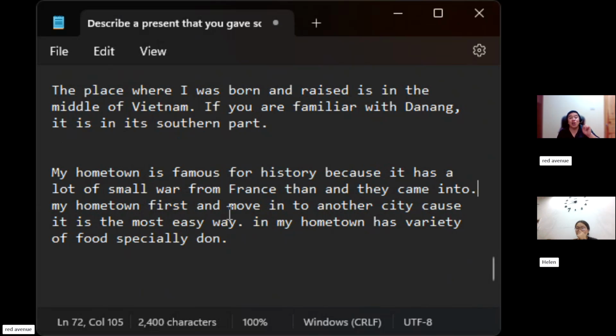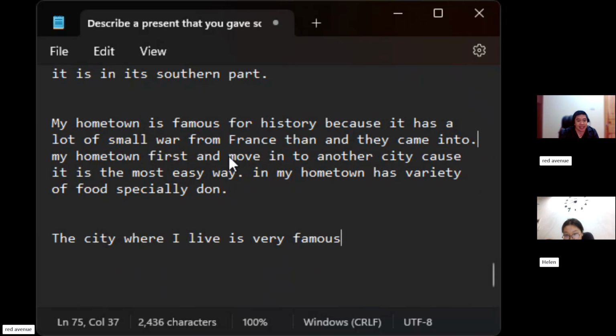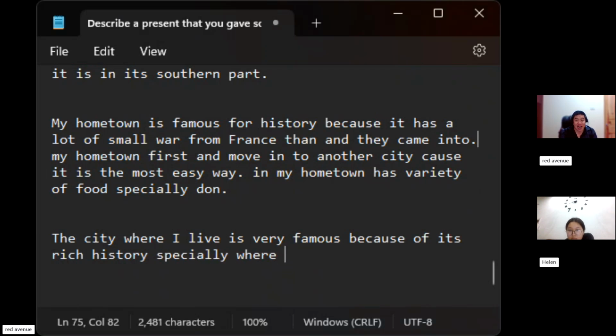Now, describe your hometown. Instead of hometown, you can use the city where I live, right? Is very, let's say, famous because of its rich history, especially where French started to colonize Vietnam.